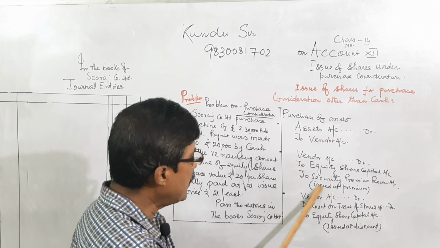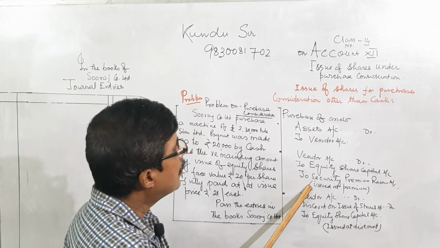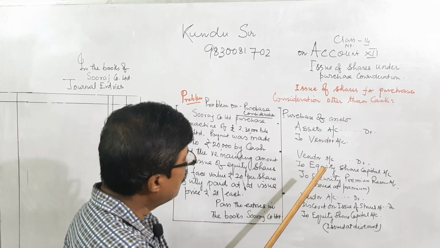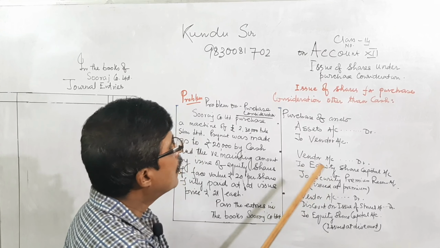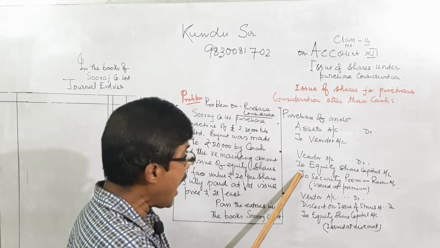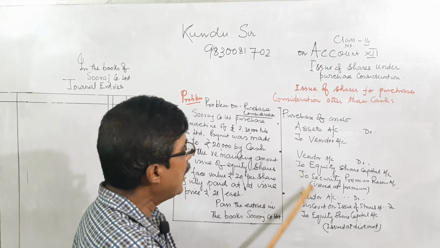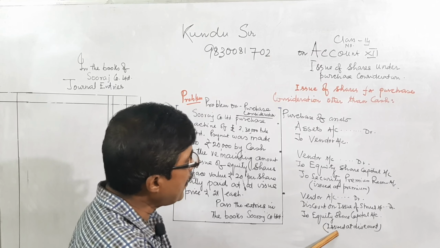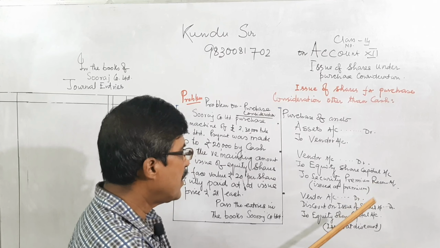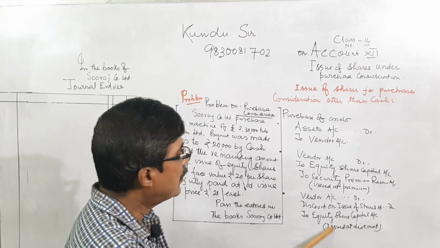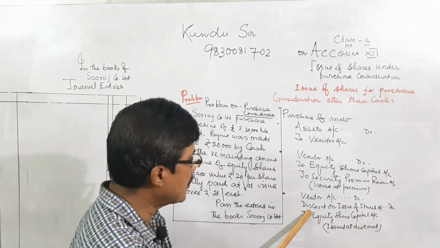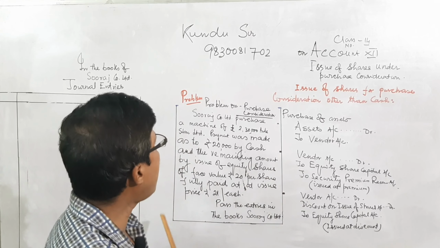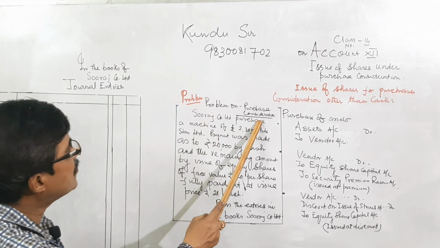In the securities premium method, the number of shares will be less than the number if we issue the shares at face value. In case of discount, the vendor will get more shares compared to the face value, because we are issuing the shares at a discount price. Now we are coming to the problem on purchase consideration.